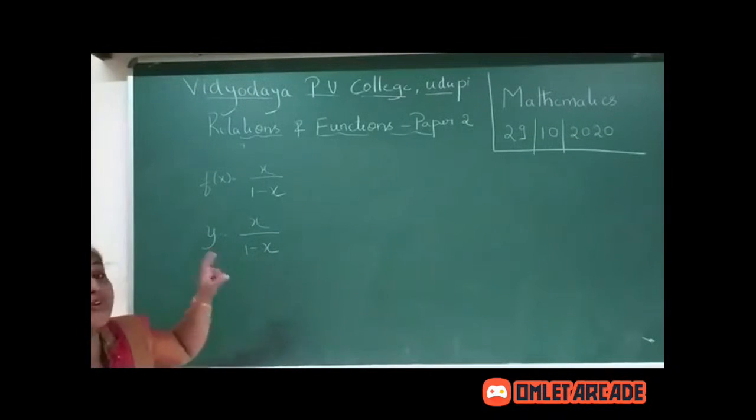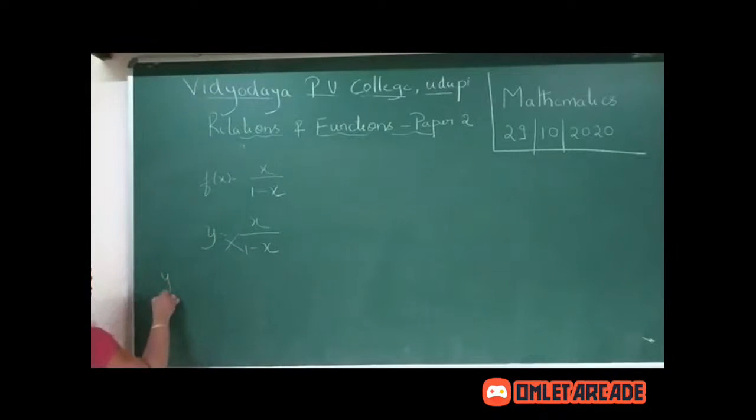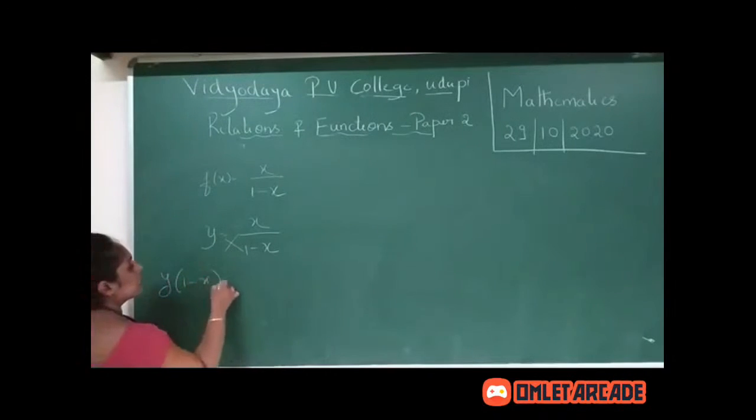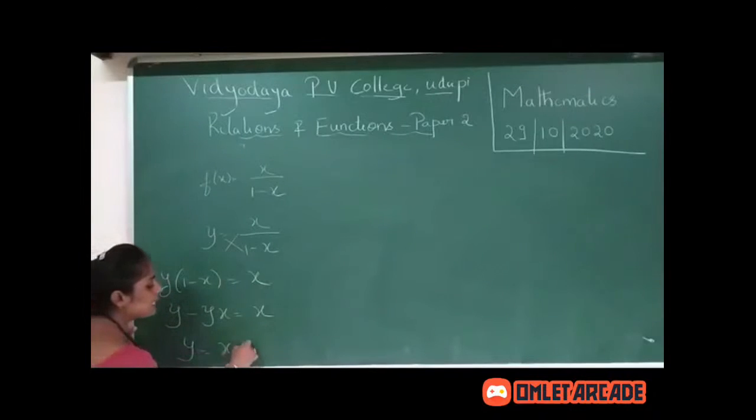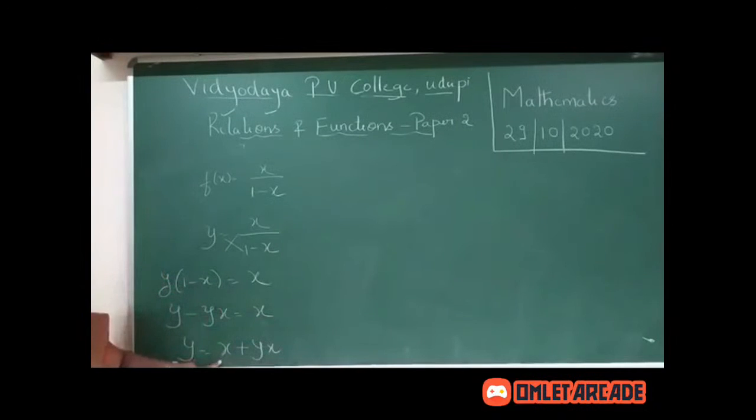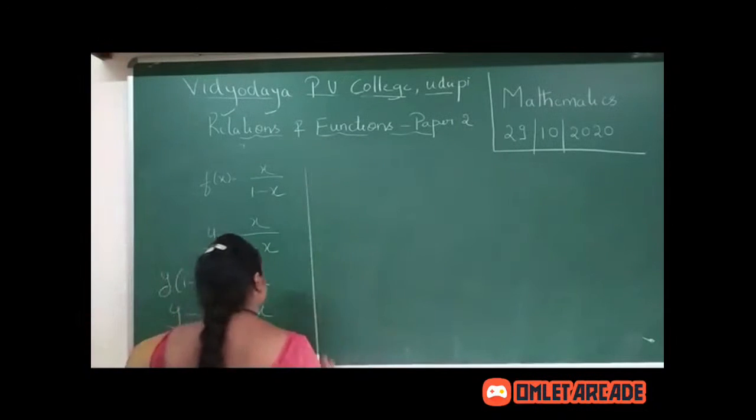Look here, let us solve for y. I want x equal to something in the form of y. So here I cross multiply. y into 1 minus x is equal to x. Cross multiply. So y minus yx is equal to x. This term I should bring there. So y is equal to x plus yx. Here you take x outside.